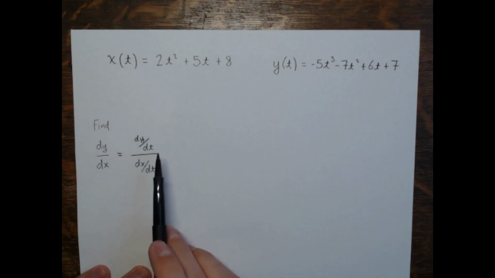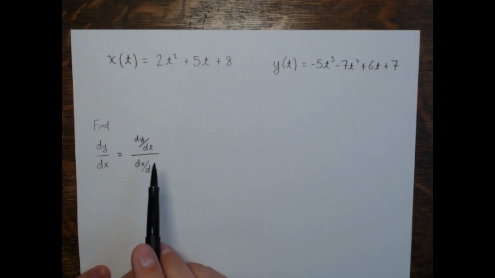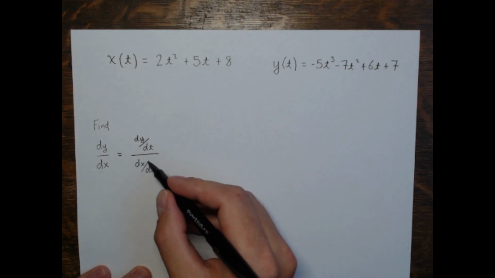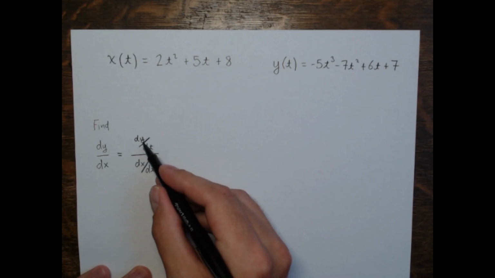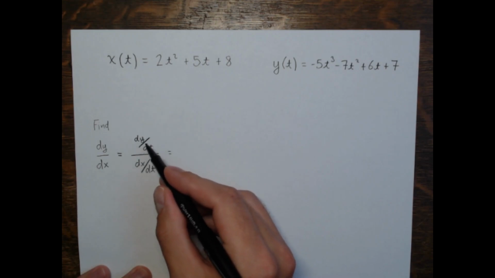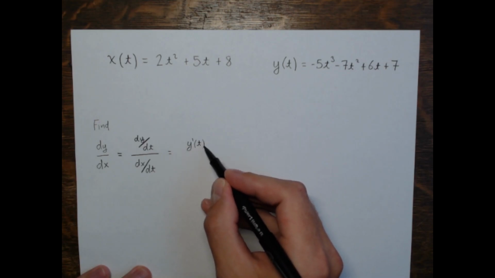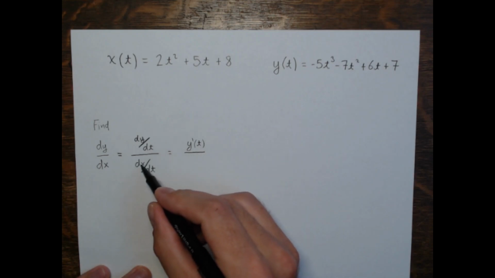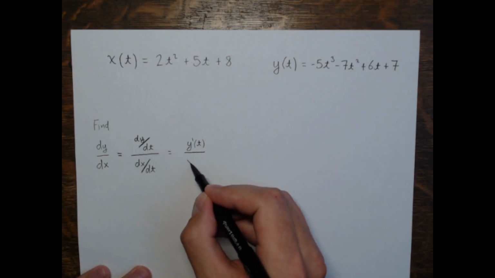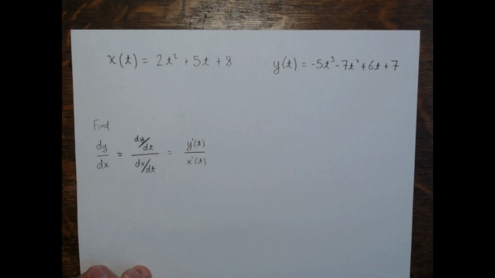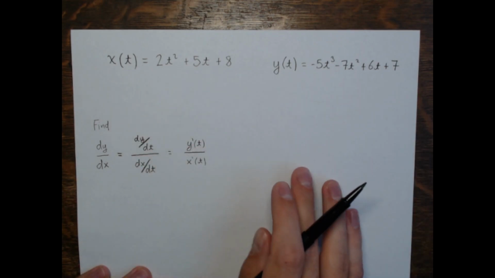So again, it's like you're dividing by dt, even though technically that's not what you're doing. We could call dy over dt y prime of t, and dx over dt x prime of t. And those are very, very simple to find, especially since these are polynomials.